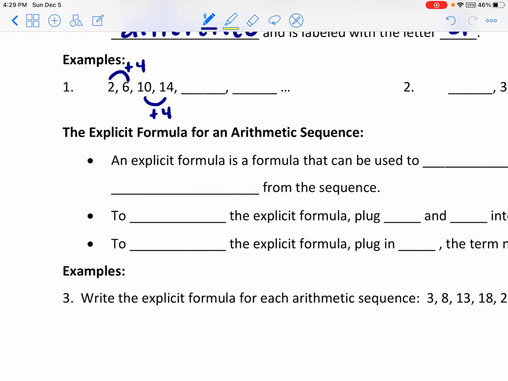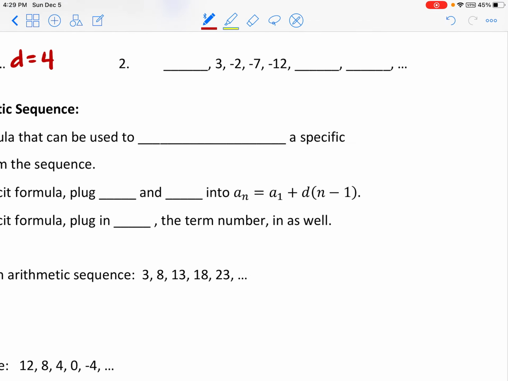So 2 plus 4 makes 6, 6 plus 4 makes 10, 10 plus 4 makes 14. 14 plus 4 would make the next number 18, and 18 plus 4 would make the next number 22. So we would say that this is an arithmetic sequence because there's a common difference between all of the terms, and that common difference is 4, because that's what we're adding to get from one term to the next.